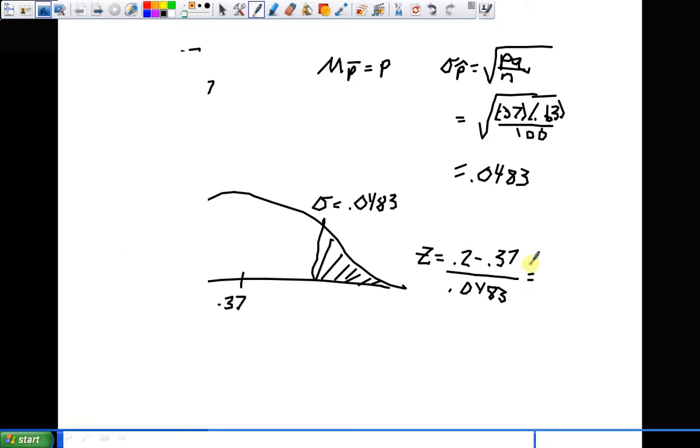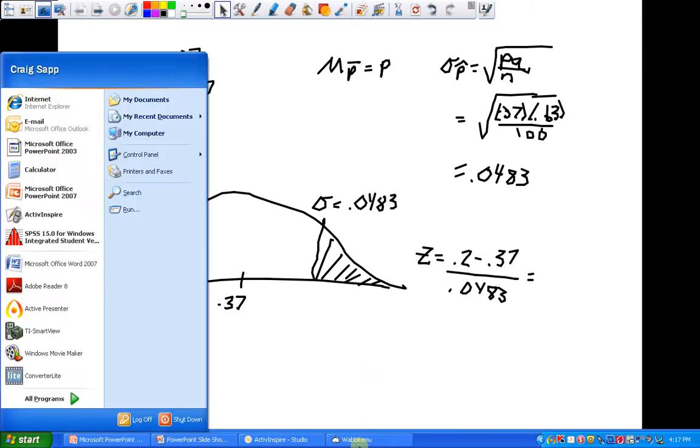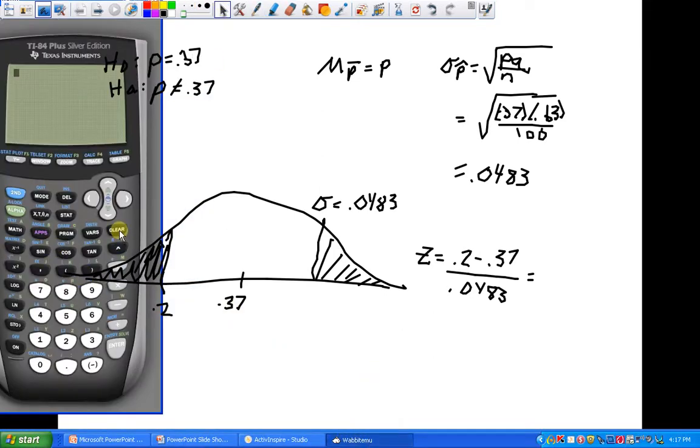So we'll get this value. We have 0.2 minus 0.37, and we're going to divide that by 0.0483. Now, that's our z-score, and we know that that's a pretty extreme z-score. 3.5 standard deviations below the mean.